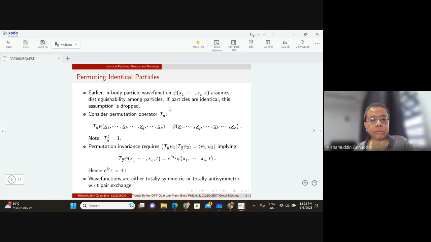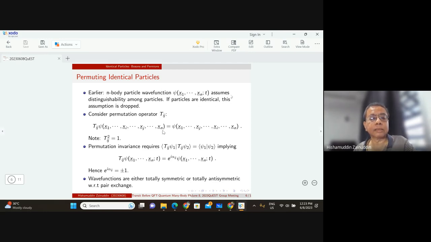And how do you do that? We implement some permutation symmetry. You have this quantum state over here, and you allow permutation of these identical particles.